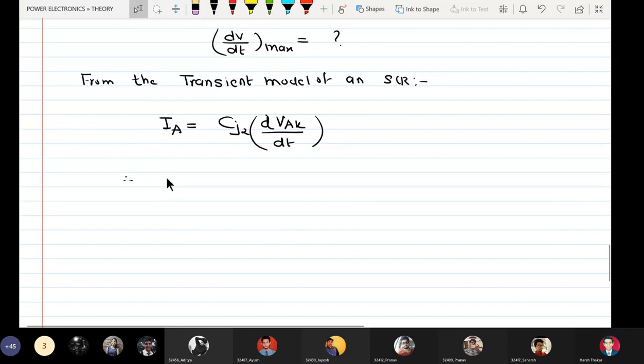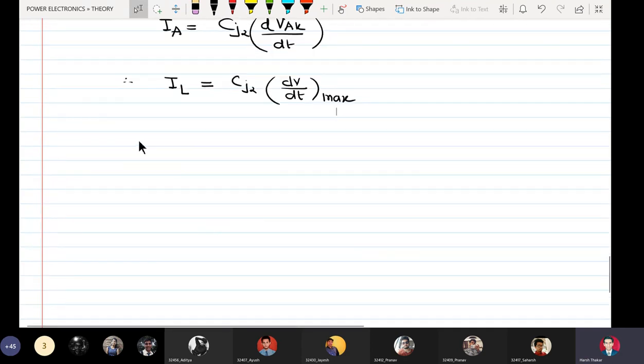Therefore, if I replace the device current with latching current IL, then it can be written as CJ2 into dV by dt max. Therefore, dV by dt max equal to latching current upon CJ2.